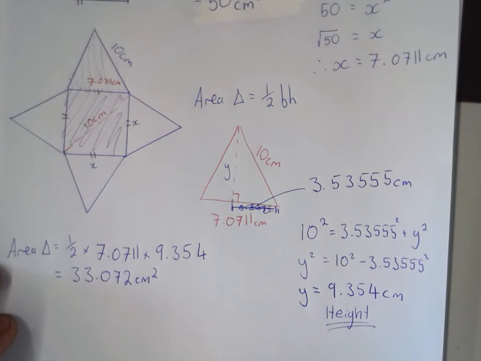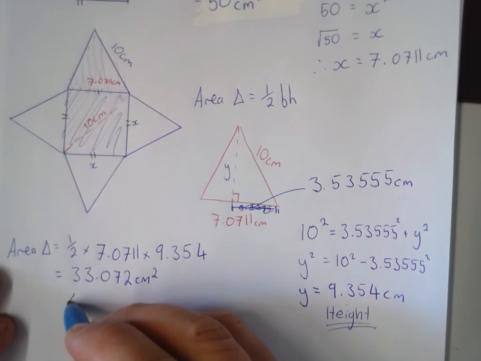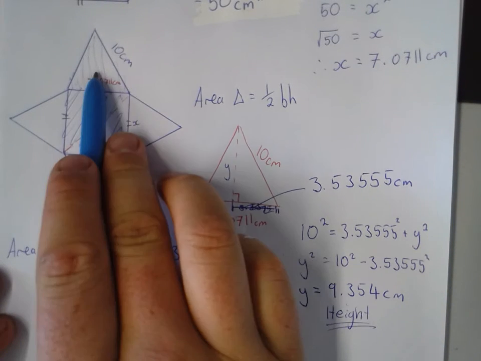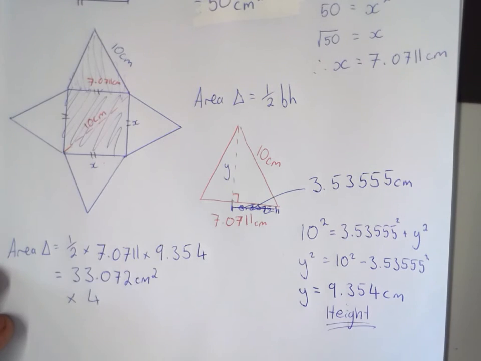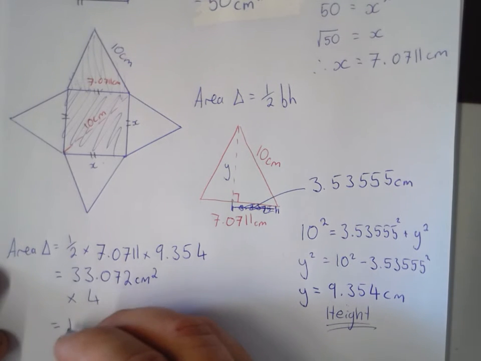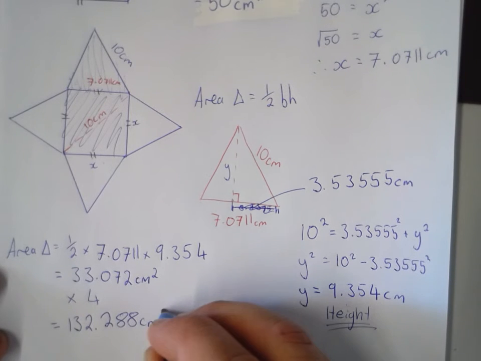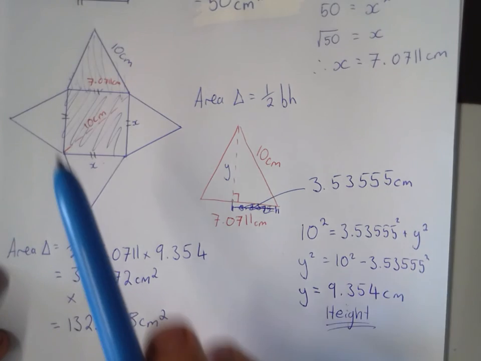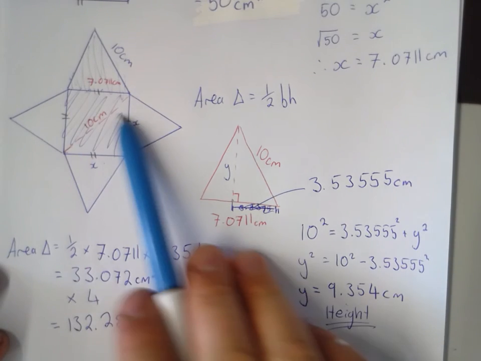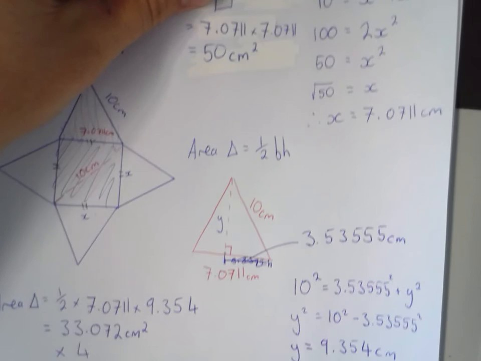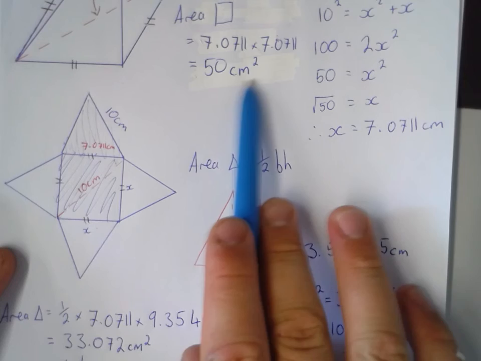Just that part there. So what I now need to do is times that by 4, because I have 1, 2, 3, 4 triangles. Times that by 4 gives me 132.288 centimeters squared. I already knew that this square in here, from what we did previously, was 50 centimeters squared.